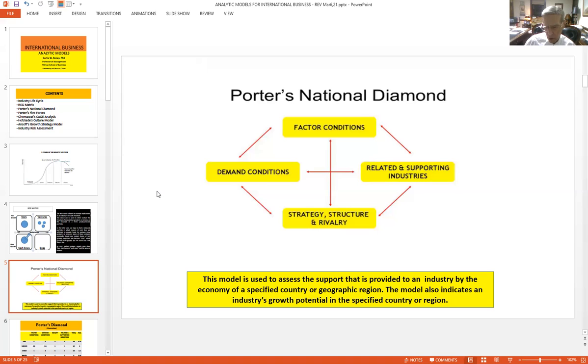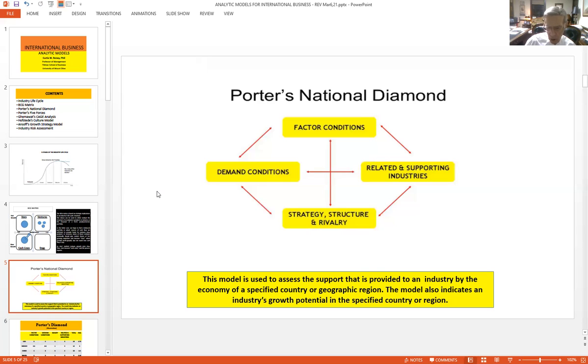And today, of course, infrastructure would take you into highways. Technology is now part of factor conditions to a very great extent, and so forth. But what are the required components of this industry? Does the country offer them in abundance? Are they relatively available? Are they readily available?